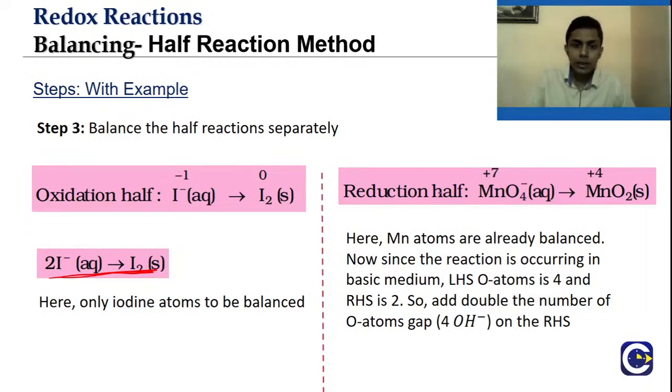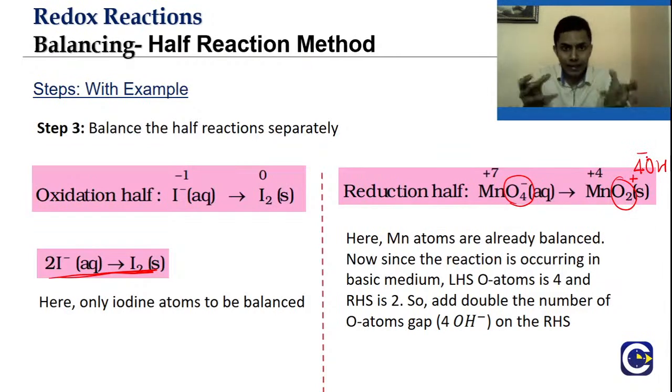Now the next step is to balance oxygen. Here four oxygens are there, and here two oxygens. So I have to add two more equivalent oxygen. It is a basic medium, so instead of adding two O, I'll add four OH minus, twice the need.